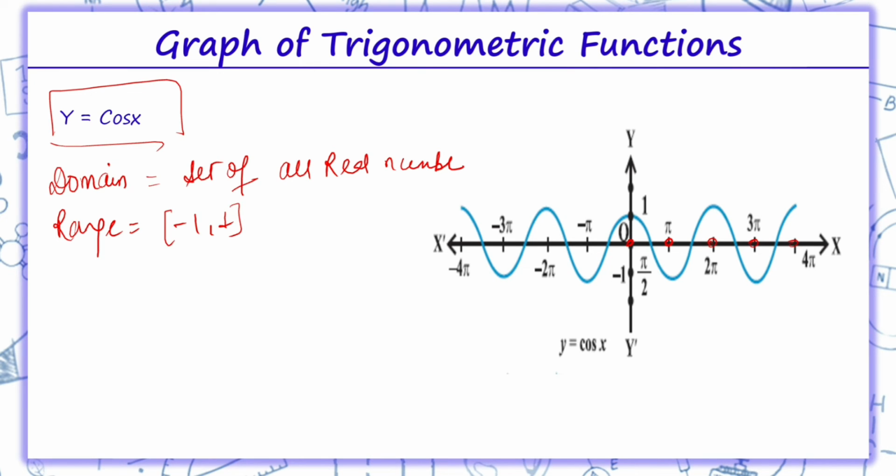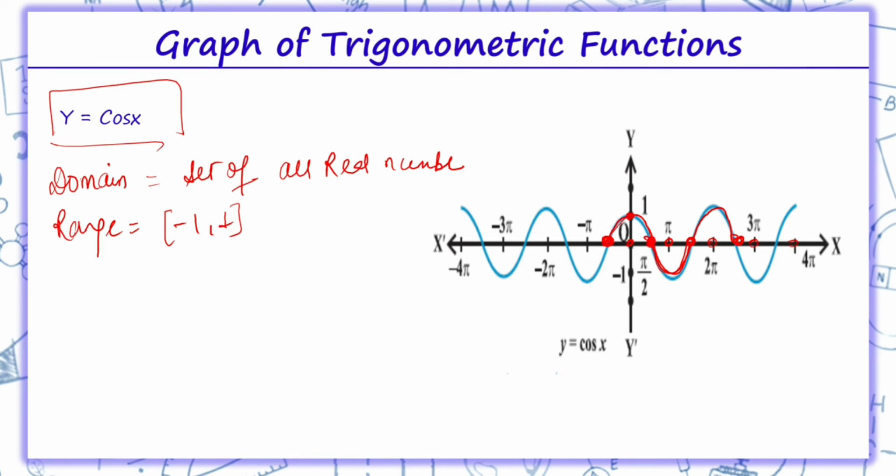Now if you look at this graph, it is basically repeating like this. It is also repeated after an interval of 2 pi, or we can start from here. This is pi, and this graph is also repeating after an interval of 2 pi.